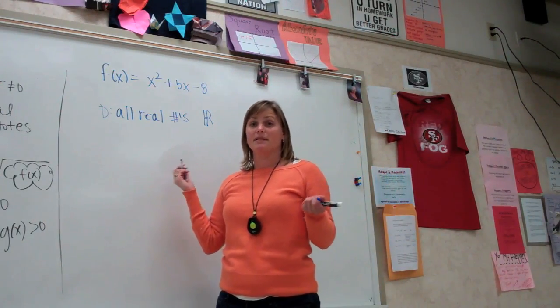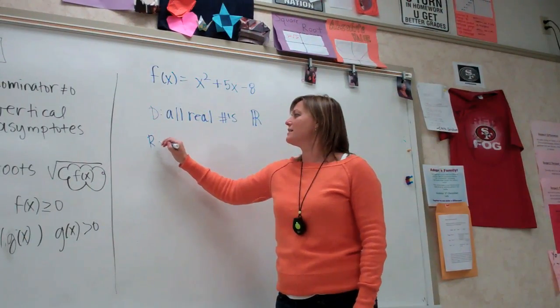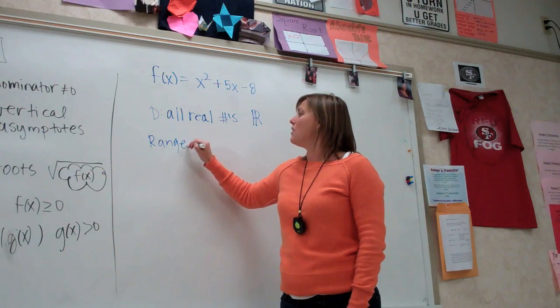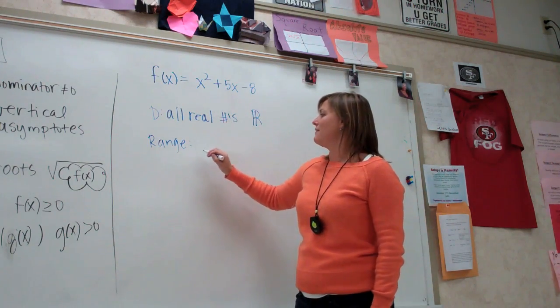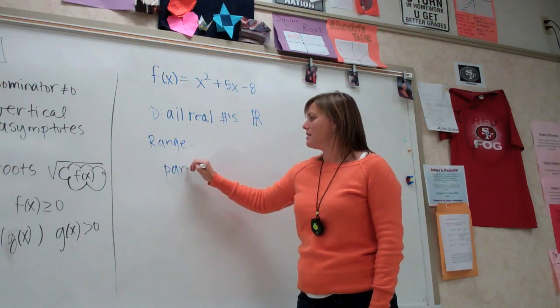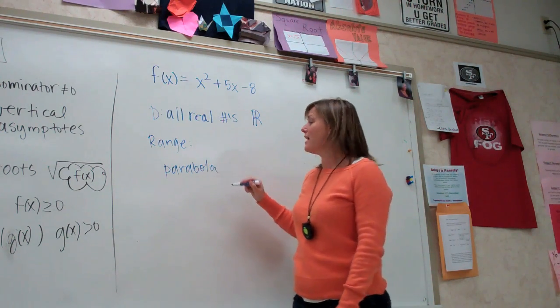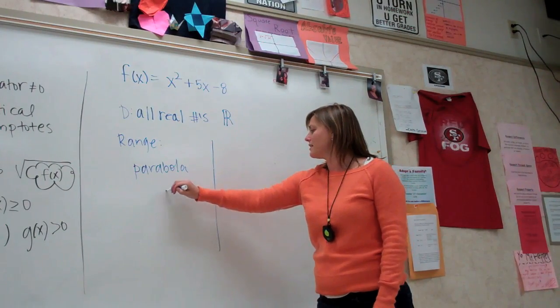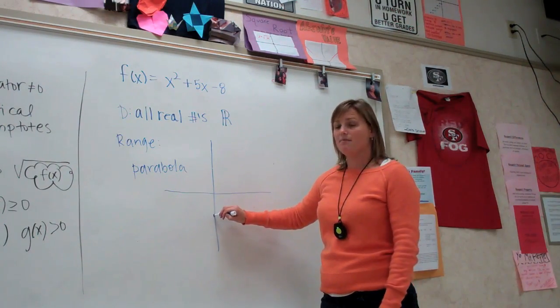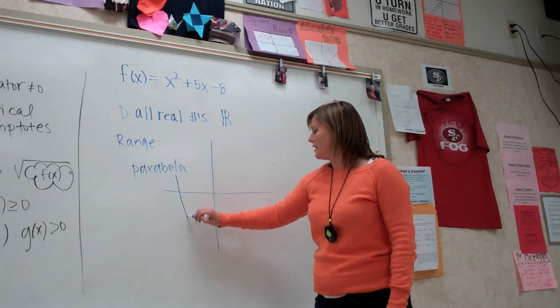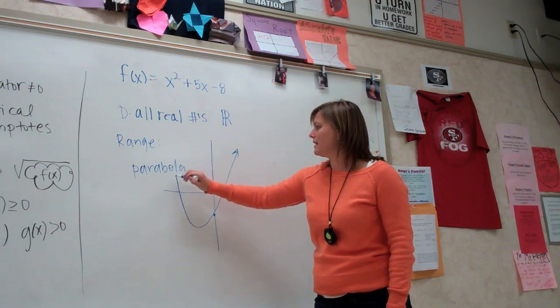Now the range was a little more complicated. You should know that this is the graph of a parabola. I expect you to get out your graphing calculator, and when you graph this parabola, it's going to look roughly like that.